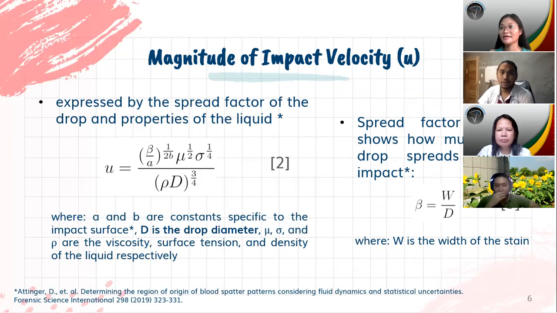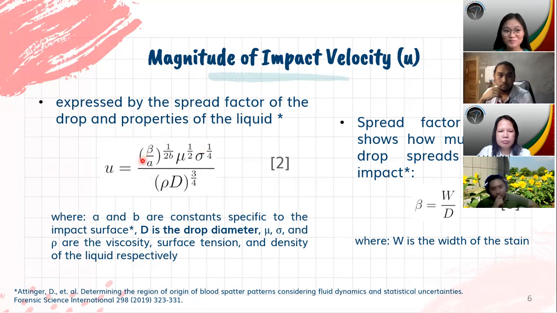Tama ba yun? Yes po. May other ways pa ba para mag-vary yung impact velocity? The thing is, yung impact velocity for liquids, it varies because of the surface tension, the viscosity and the density of the liquid.